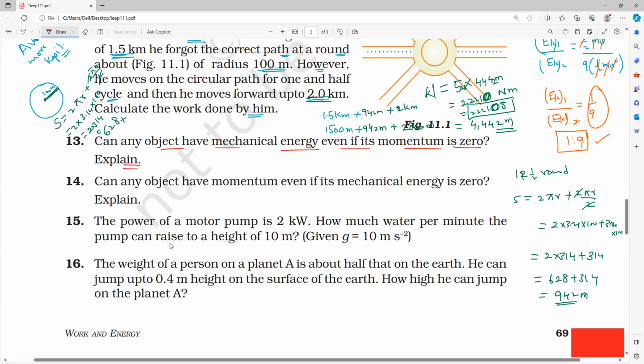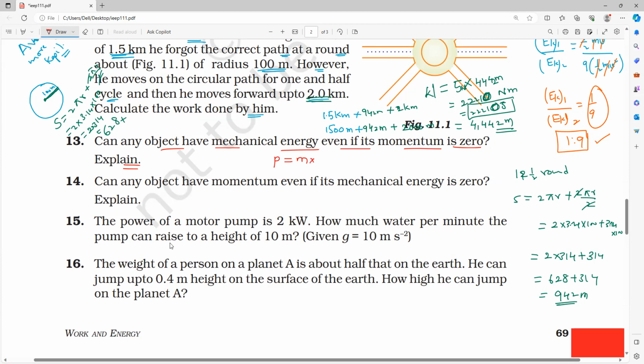Next, can any object have mechanical energy even if its momentum is 0? Explain, they are asking. Anybody? They are asking, can any object have mechanical energy even if its momentum is 0? So momentum is 0 means something is 0. Can you tell me what is 0? What is the momentum formula?